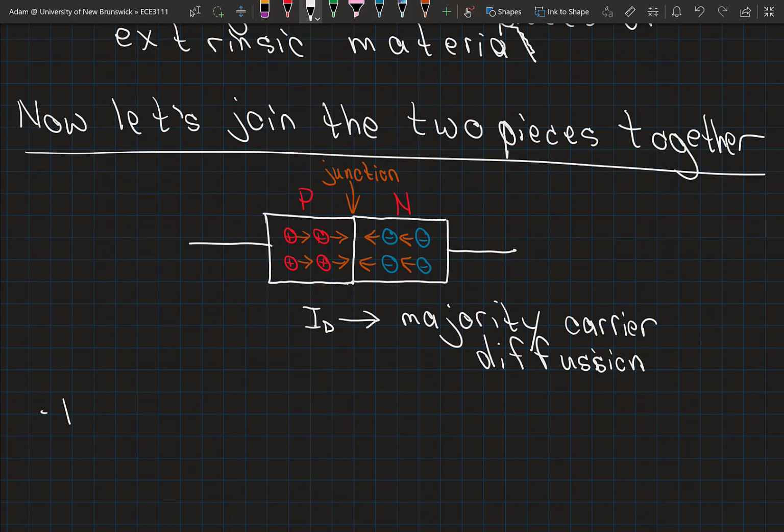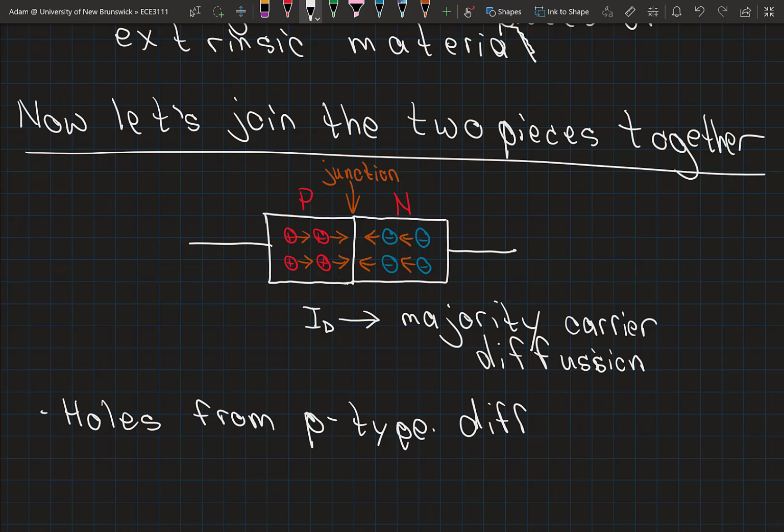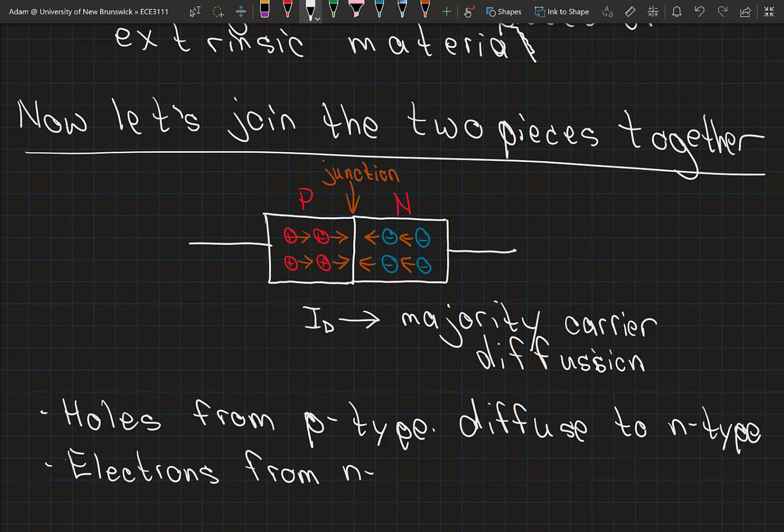Okay, just to put that into words here, our holes from our p-type are going to diffuse to the n-type, and our electrons are going to diffuse from our n-type to the p-type material.